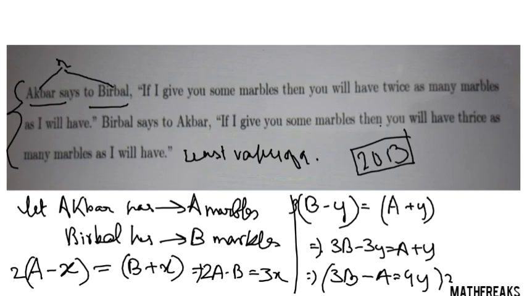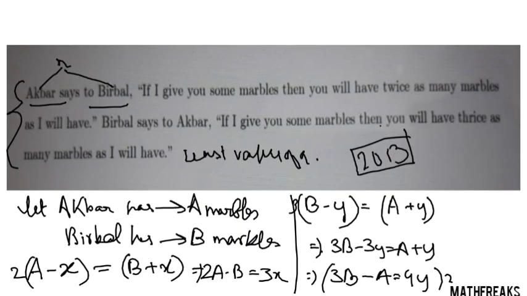So let me write the equation on the next page. So the equation was 2a minus b equals 3x, and the other was 3b minus a equals 4y.